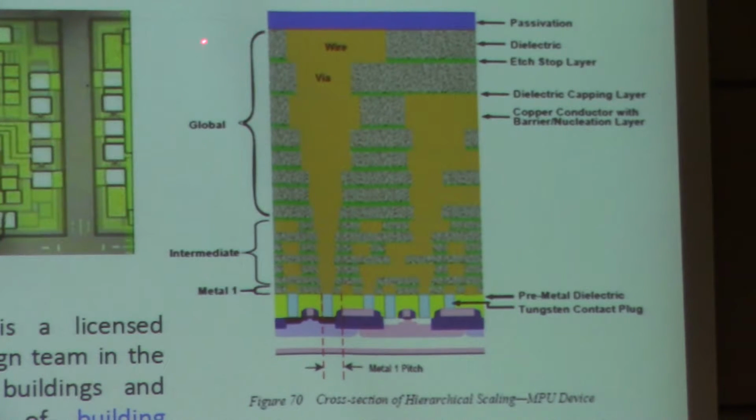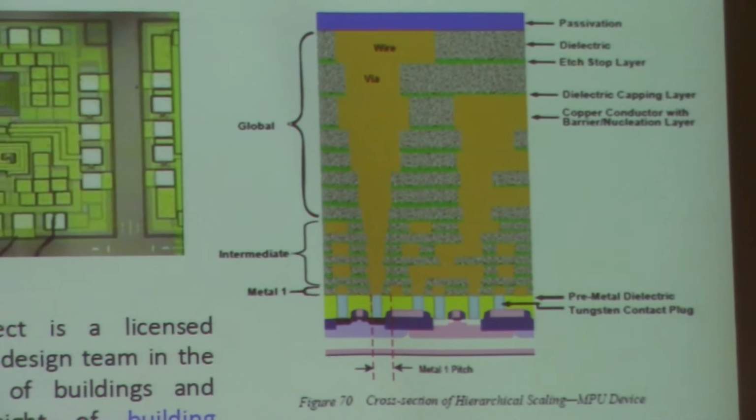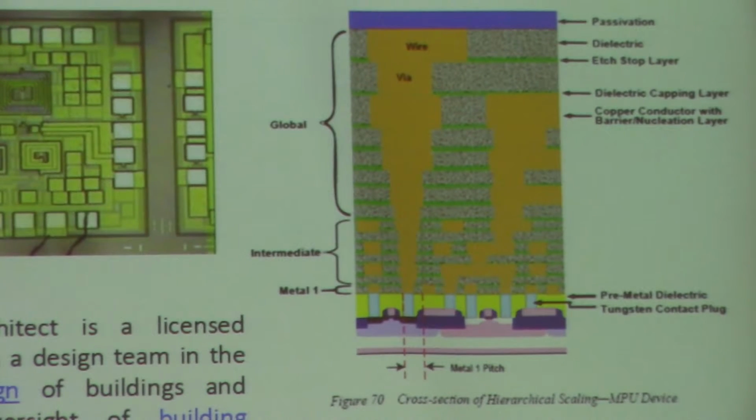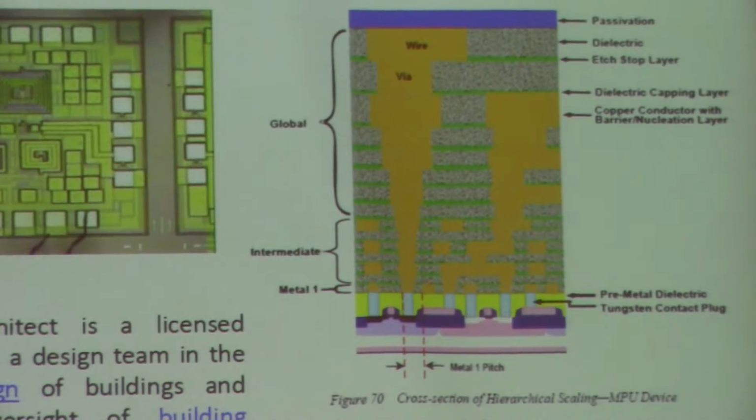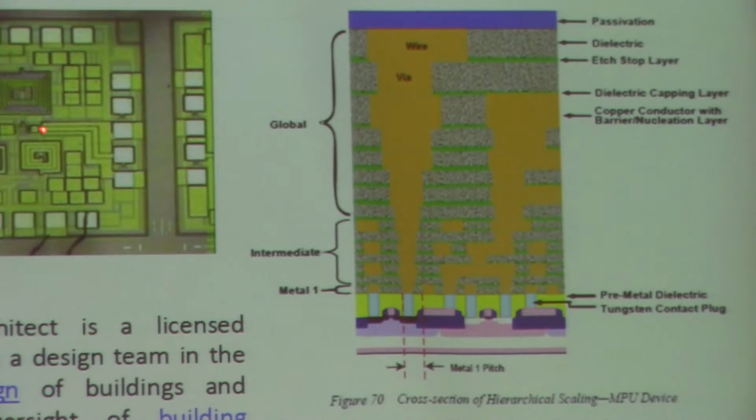You have a few layers called global interconnect. What does that mean? That means you communicate across the whole chip. You have local layers, which means these lines are used for the transistors to talk to their immediate neighbors. But you can use these resources to build a whole transceiver system in CMOS.